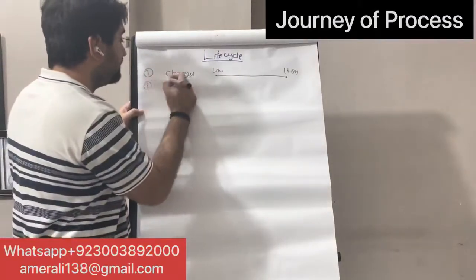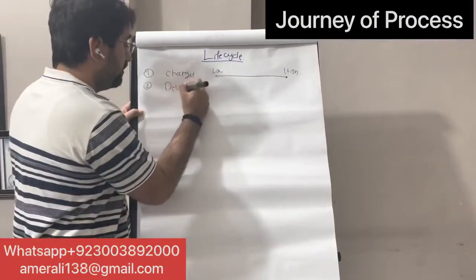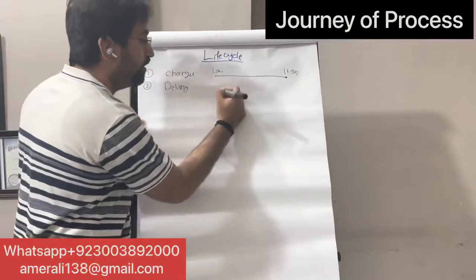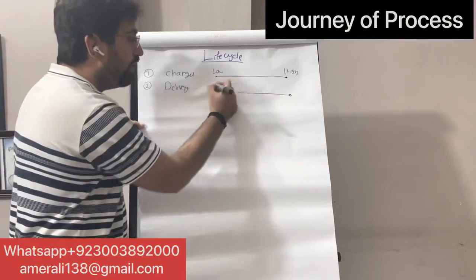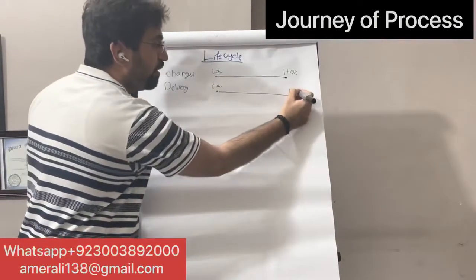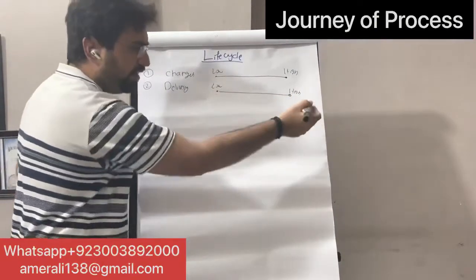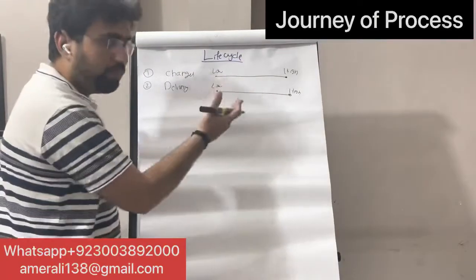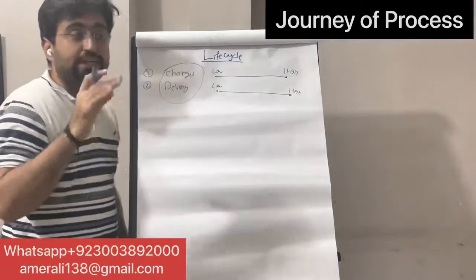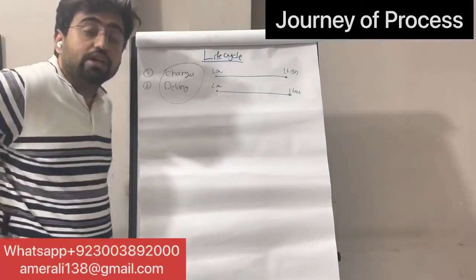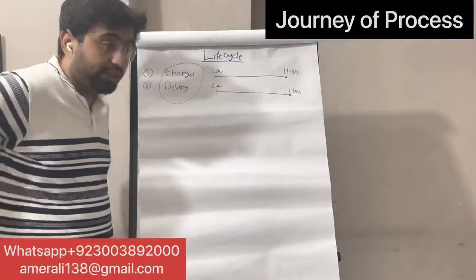Then the second thing is delivery. How is the delivery going to be given? Are we going to get delivery in one part or in multiple parts? We can say one part and ten, or we can say low parts and high. So we are going to have a graph from this, and from there we are going to decide which type of life cycle to use.